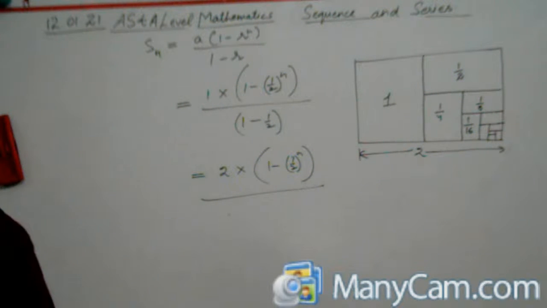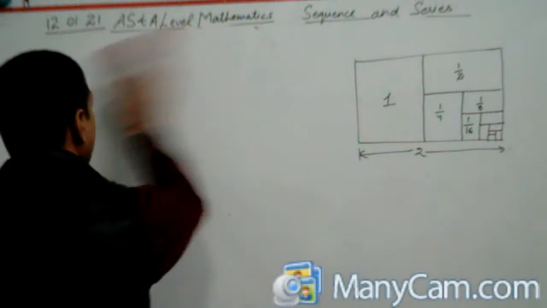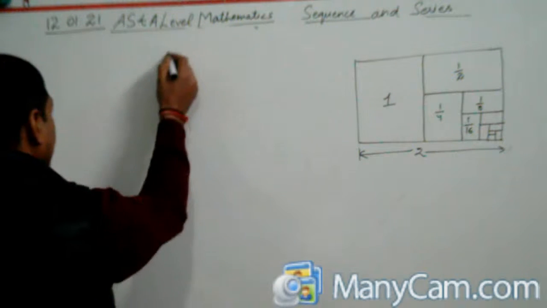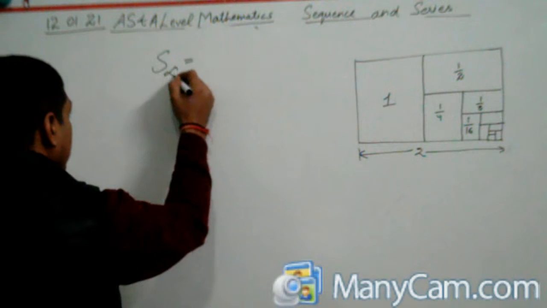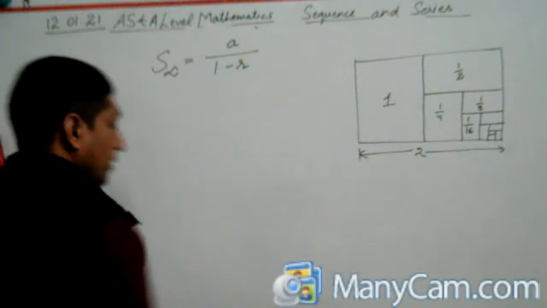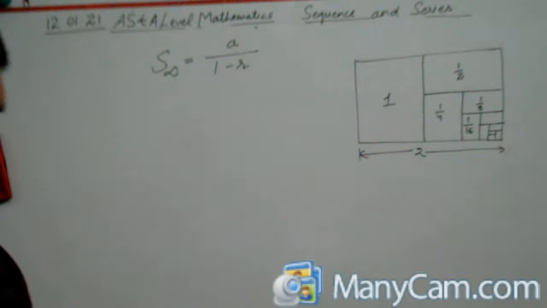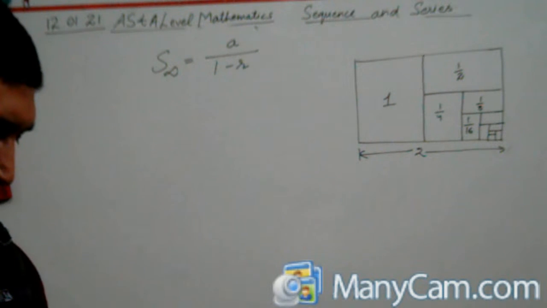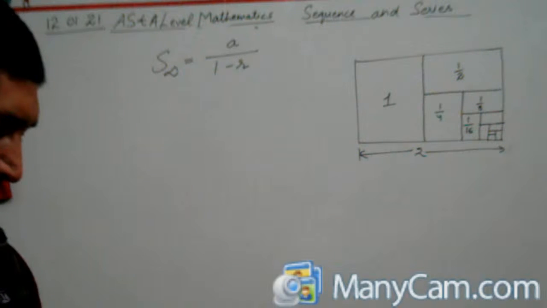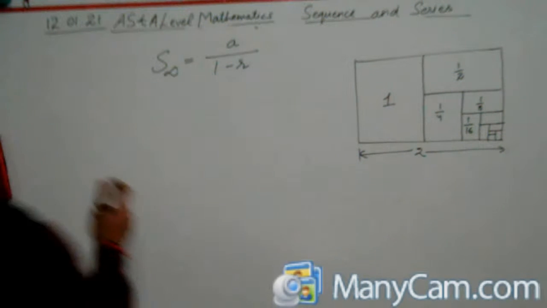So here we can write that for the infinite sequence, S infinity is equal to a upon 1 minus r, right? So the condition for the geometric series to converge, right?